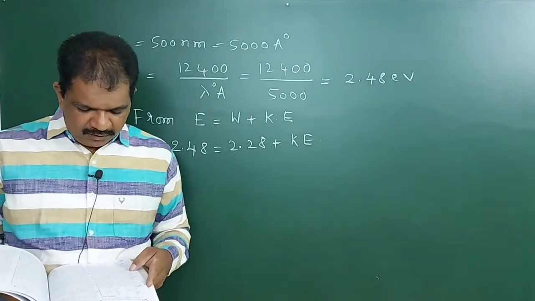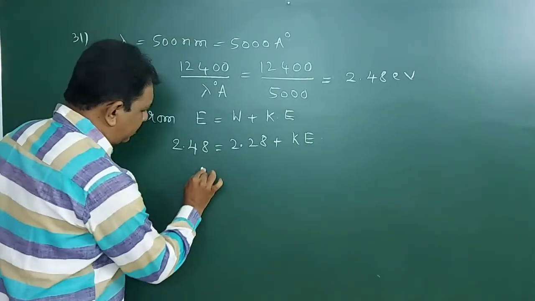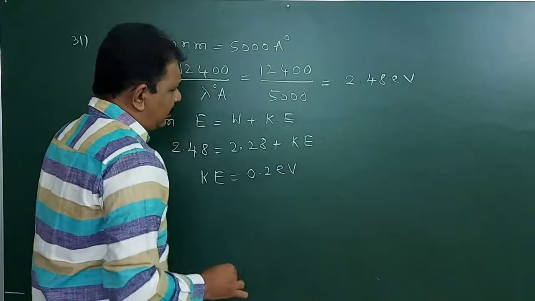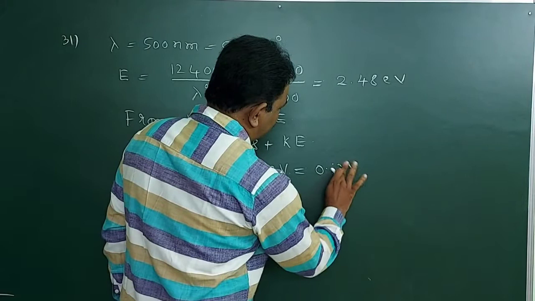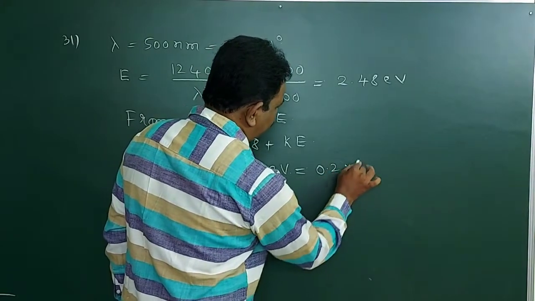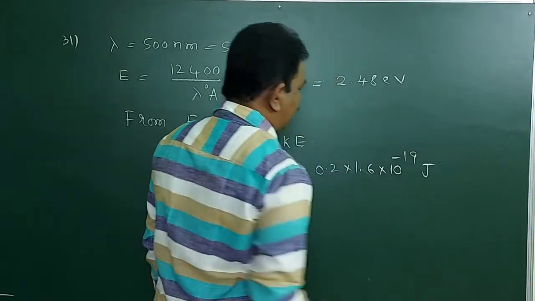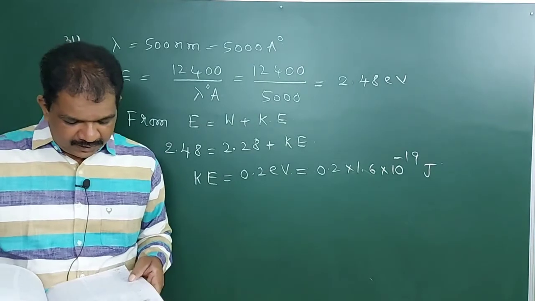So here Ke value we will get as 0.2 electron volt. Convert this into joules. 0.2 into 1.6 into 10 power minus 19 joules. This is the kinetic energy.